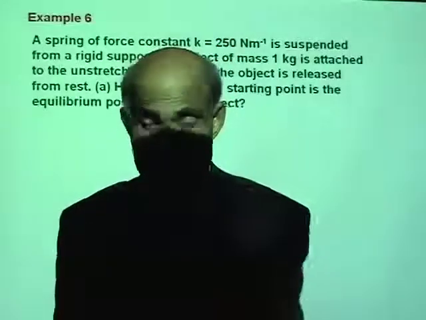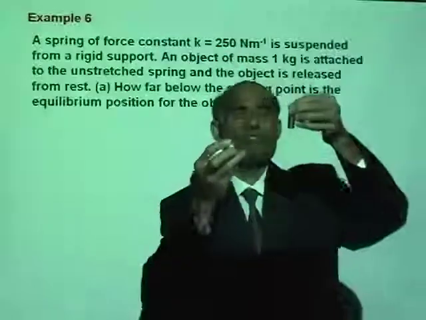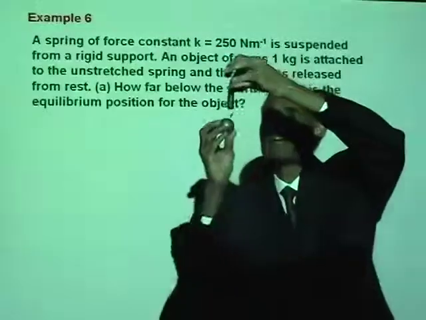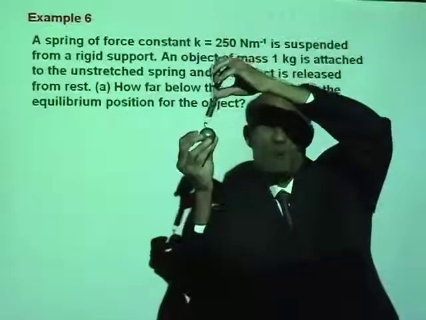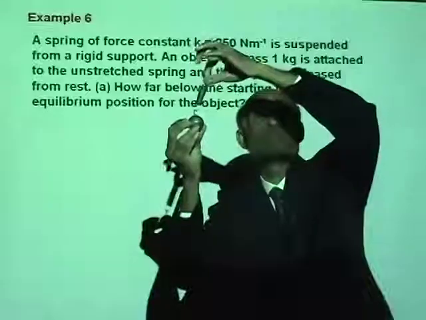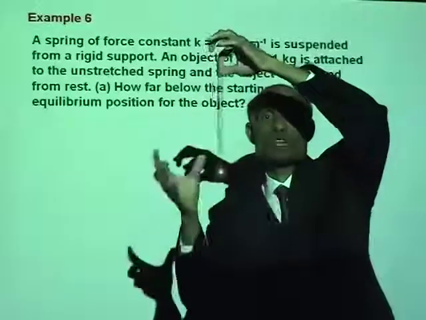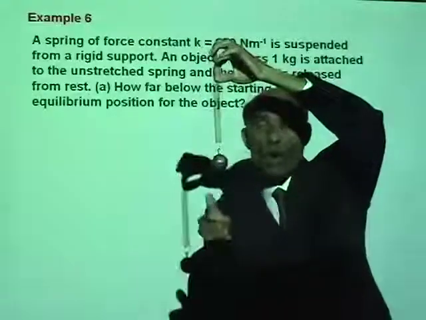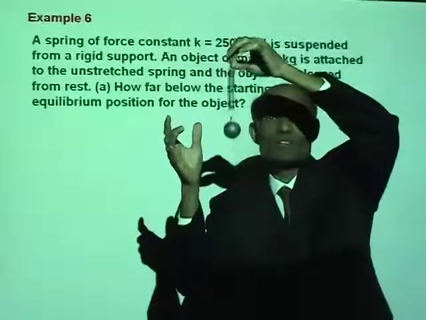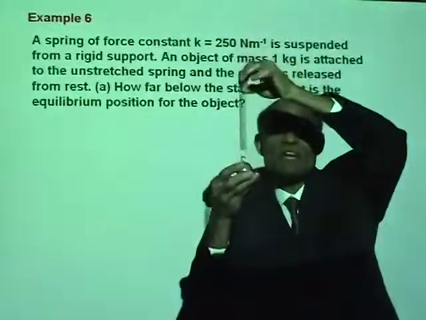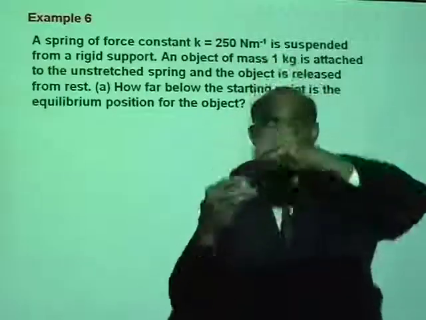Now, you must understand, if I now put this object and release it, will it stop at the equilibrium position? No, watch this. Look at that. It went all the way down to the lower extreme. You see that? And then it starts oscillating.